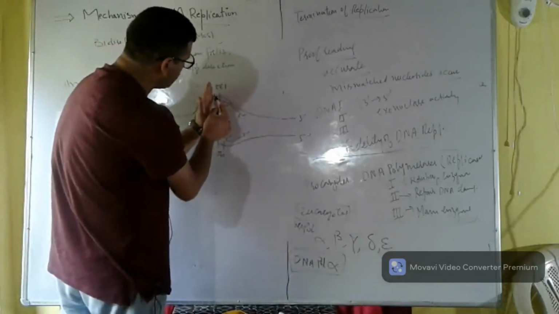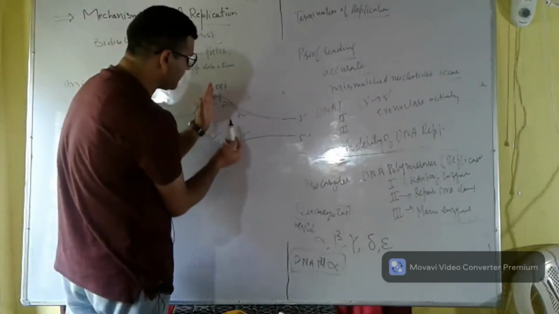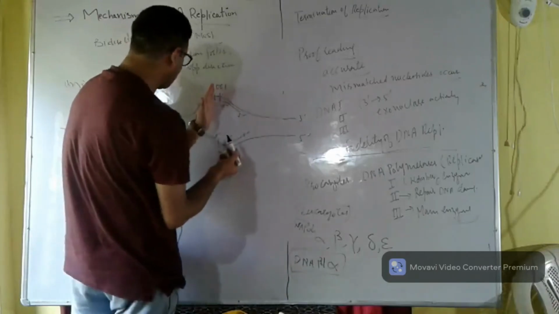This is the origin of replication. One strand is synthesized continuously in the direction of replication, that is, in the 5' to 3' direction, in the direction of the replication fork.